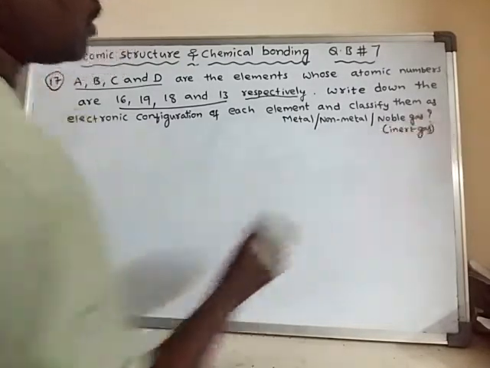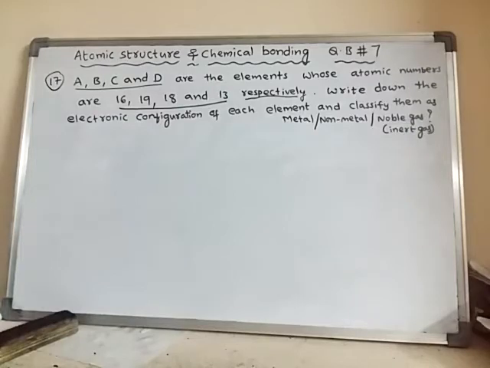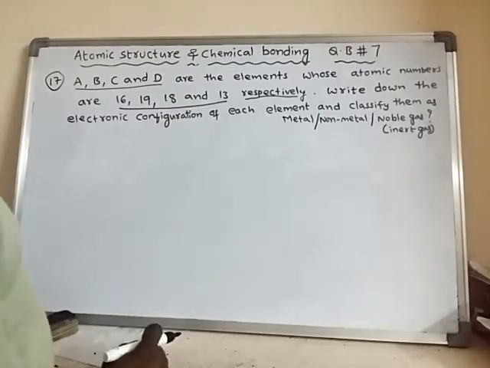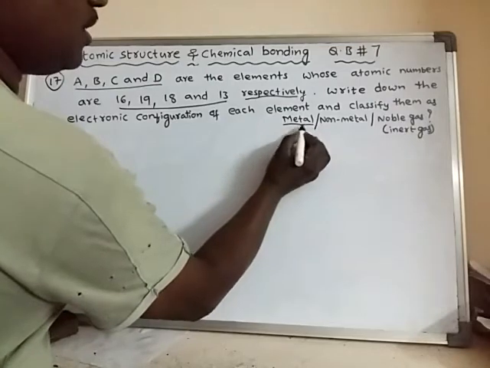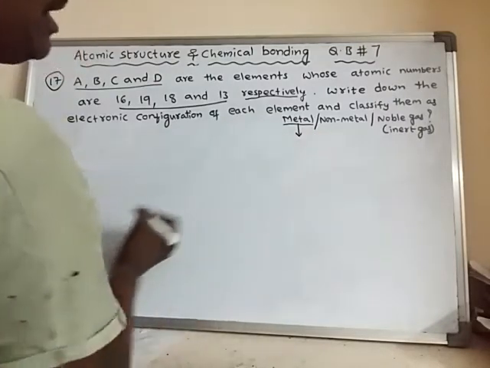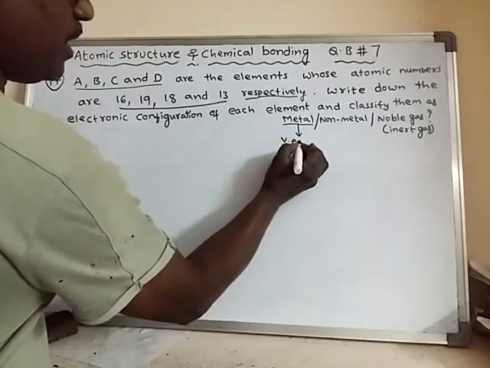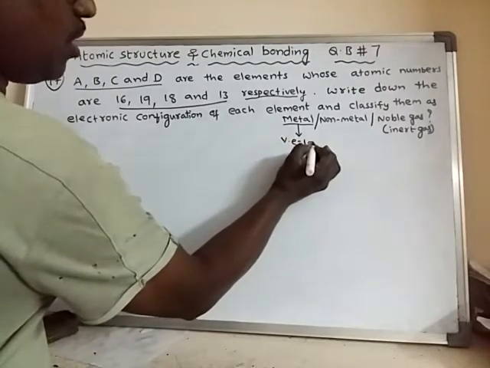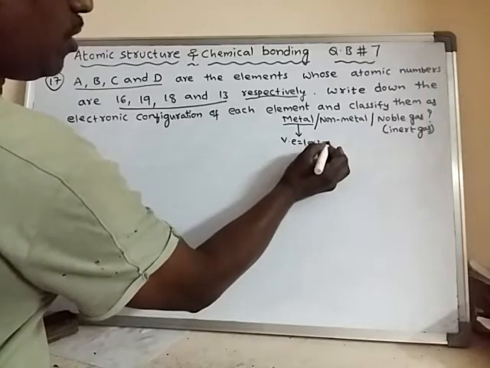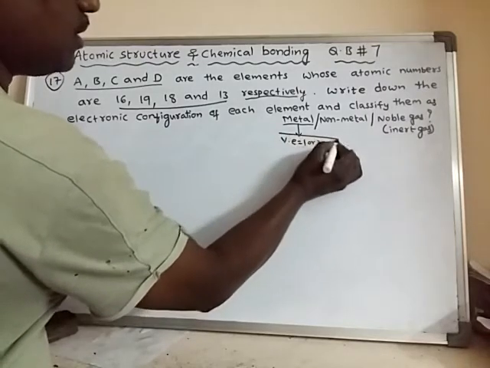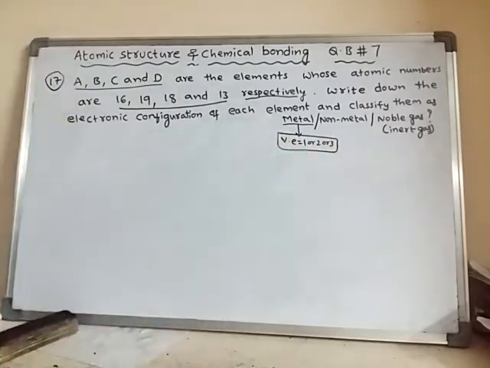So this is the question. We have to identify which atom out of the 4 atoms is metal, which is non-metal and which is noble gas. In our previous video, we learnt that for metal atoms, valence electrons are either 1, 2 or 3.